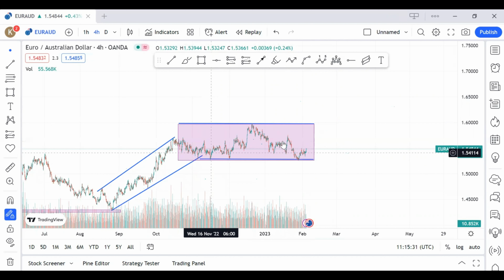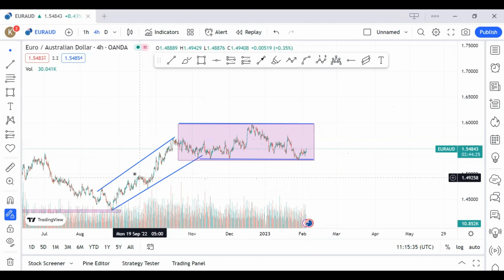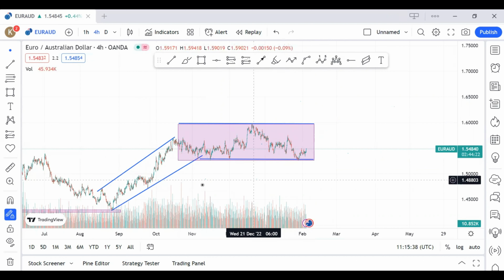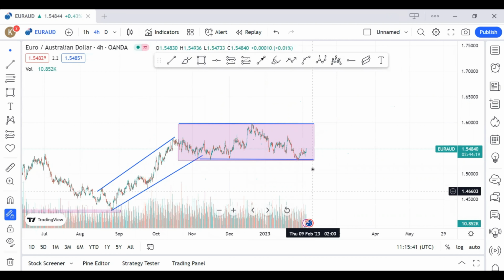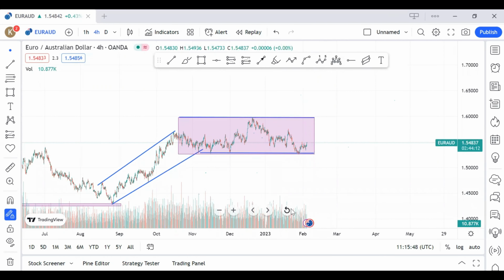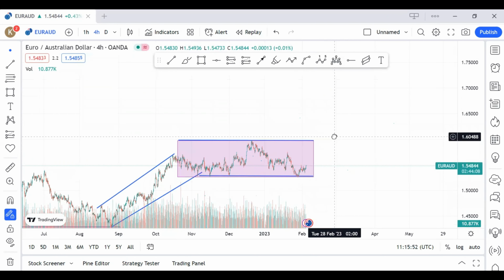So at this point here, we can see that the market has been moving in a sideways position, trying to create possibly a flag, because the market cannot come to this point here. It cannot create such a structure at this zone there. It cannot come to this position, therefore it has to go up to create a new structure.